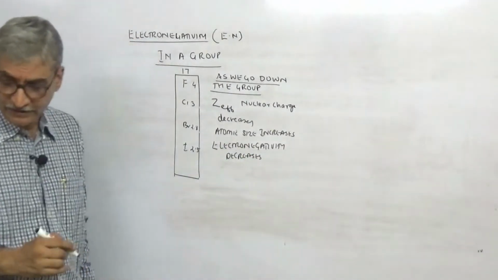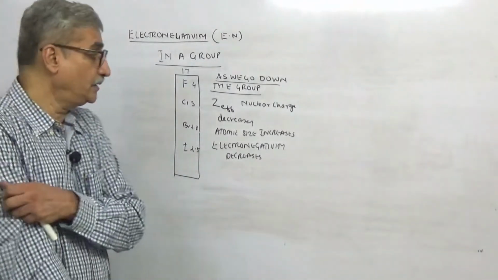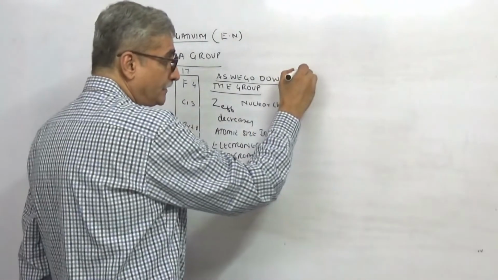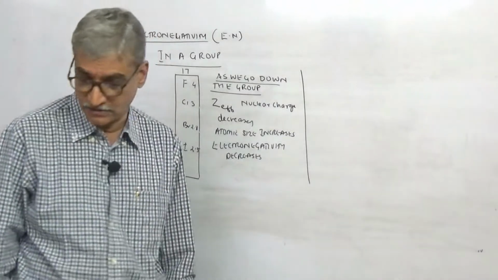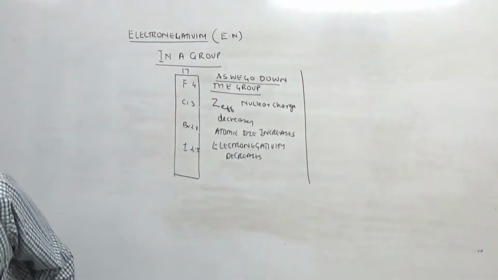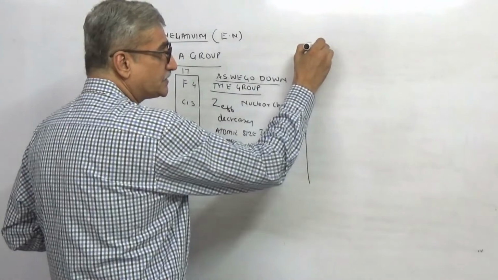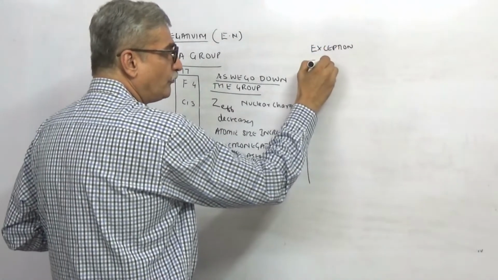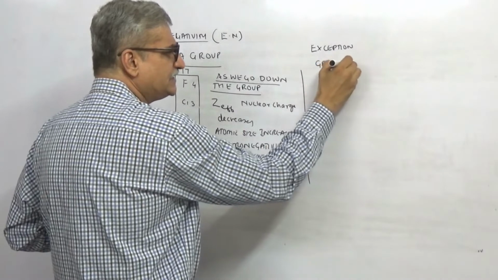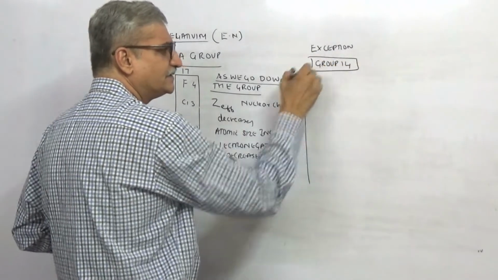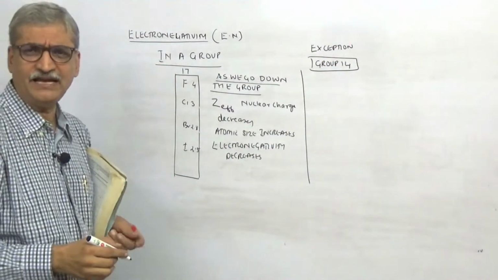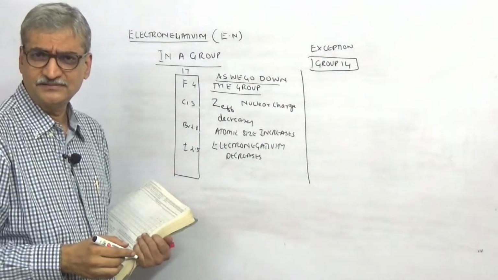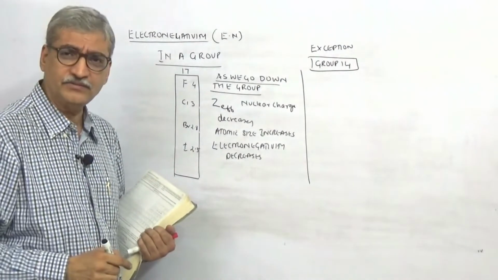But there is a very interesting thing. As far as entrance exams are concerned, a lot of questions can be asked in this. This is group 14. This is where the question is asked. Nobody will ask the definition, but in the entrance exam they will ask exceptions.